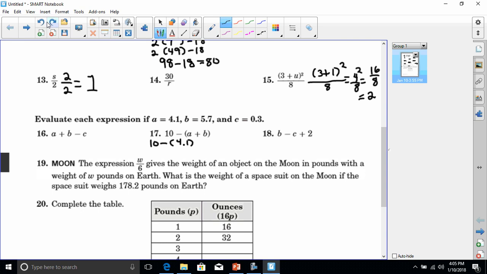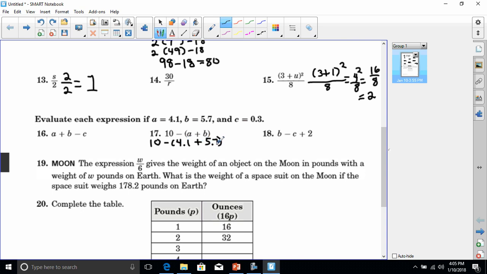Sorry about that. See, A is 4.1, minus 4.1, and we're going to add B to it, which is 5.7. And that's it. Well, 4.1 plus 5.7.